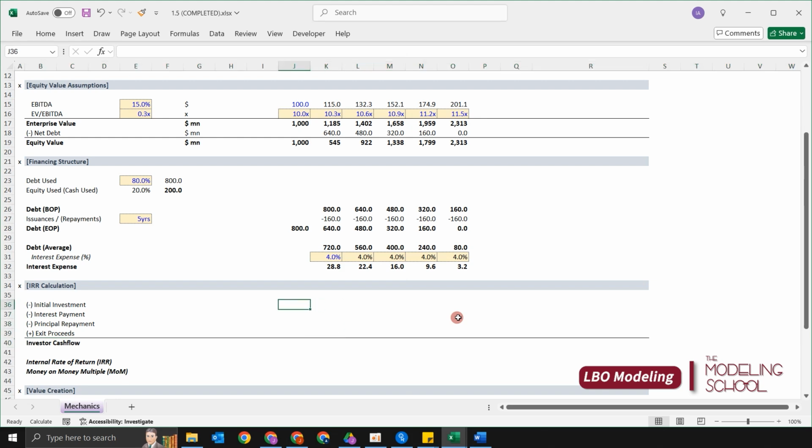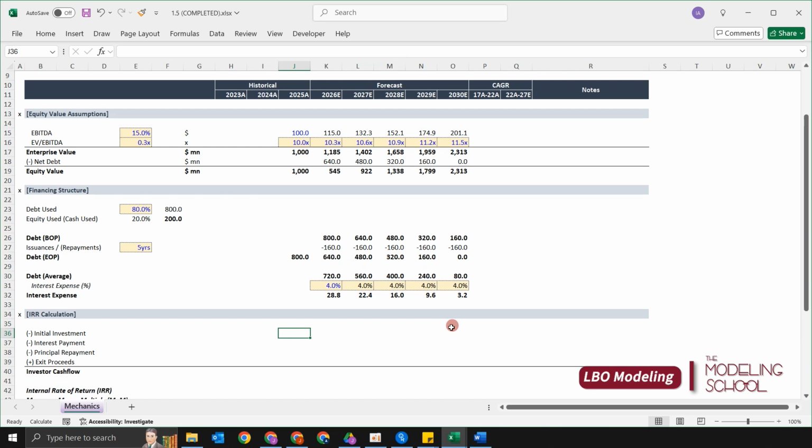The initial investment by the company, we're going to put a negative sign on the front. It should be 200. That's the only amount that the private equity has invested.